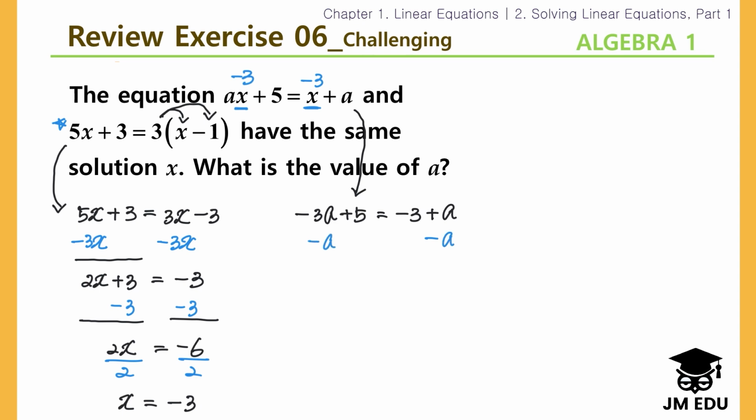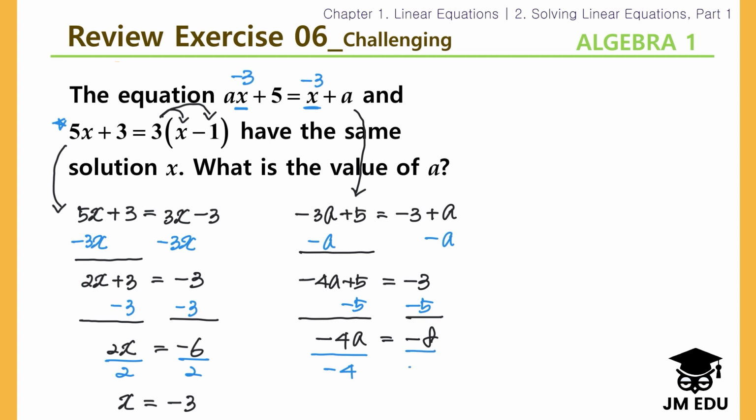Then we're going to have negative 4a plus 5 is equal to negative 3. Now, eliminate 5 on the left-hand side. Minus 5 here. That's going to be negative 4a. And this is going to be negative 8, right? Lastly, we're going to divide by negative 4. Negative 4 here. Then, what is the value of a? The value of a is equal to 2, right?